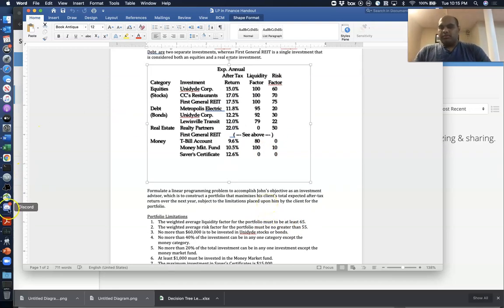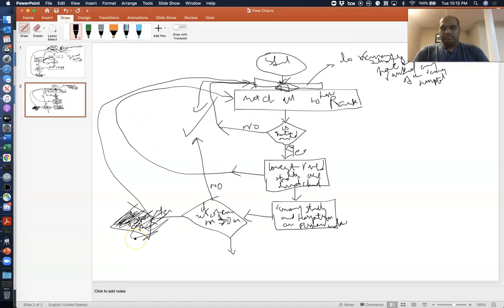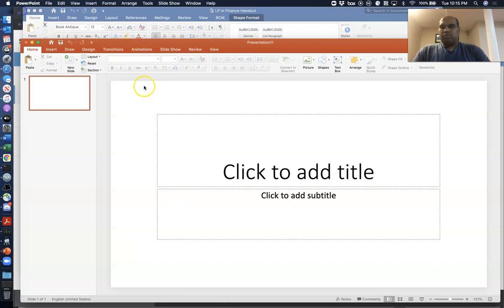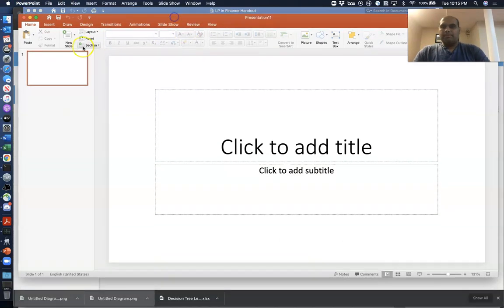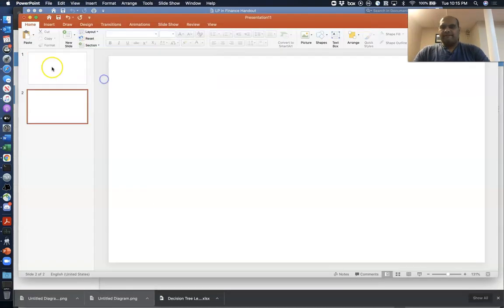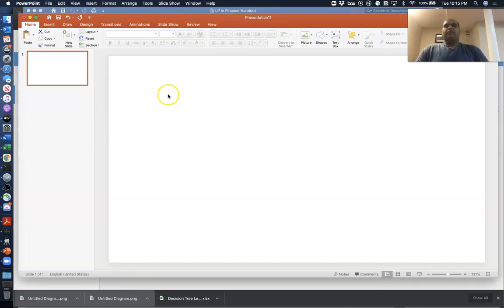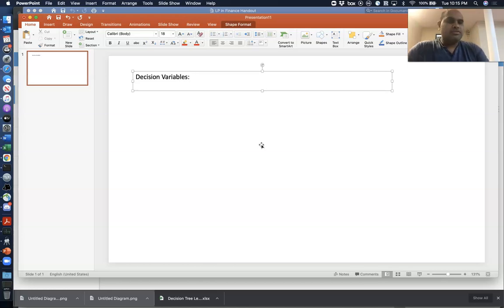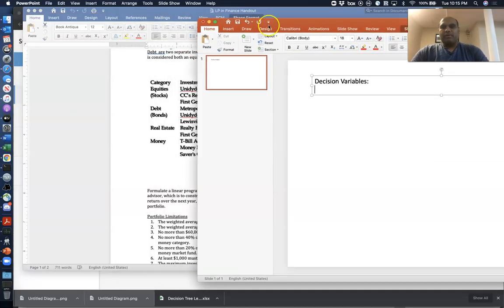So open up a PowerPoint file, and let's begin. The first step is always decision variables. In this case, there are 10 decision variables because there are 10 investments.